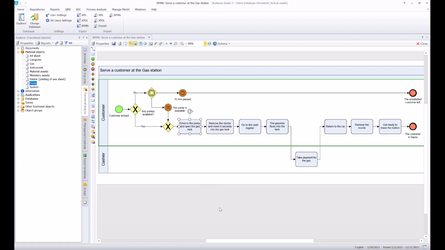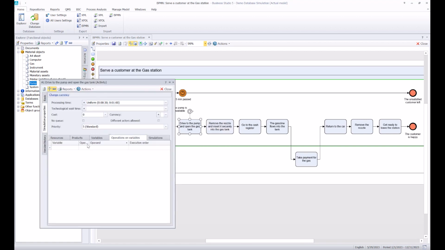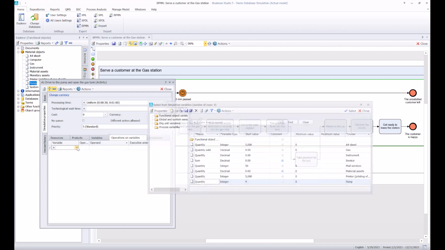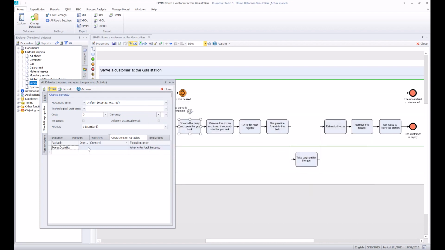When the pump is available, the customer drives to the pump and the pump becomes busy. After the customer leaves the gas station, his pump becomes available again.